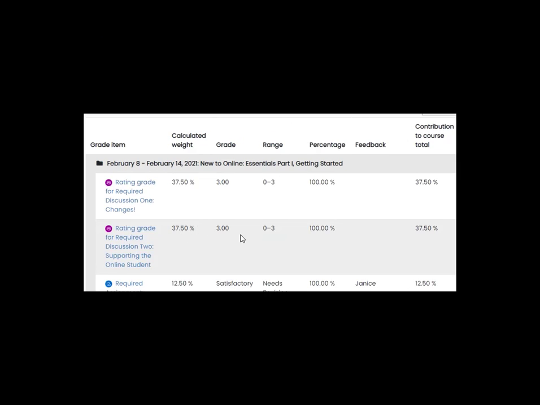So this is an example of one of the participants. I was trying to see if I can hide the names. Notice that under the calculated weight, this one is 37.5% of the overall grade, but the person got 3. The range is from 0 to 3, and that's what I mean by 100%.